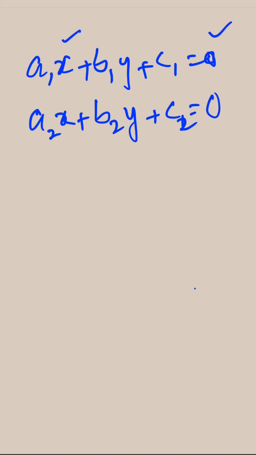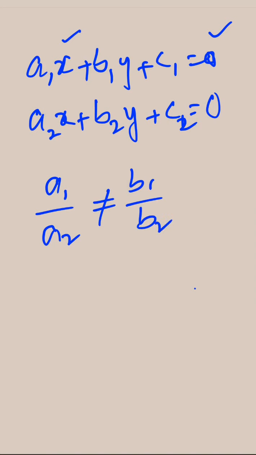If these two equations are there, how do we know these are intersecting lines? First condition: if these two must be intersecting lines, one condition they have to follow. That means the ratio of the coefficients of x, that is a1 by a2, is not equal to b1 by b2. If the given equations follow this condition, then we can say the given equations are giving intersecting lines.